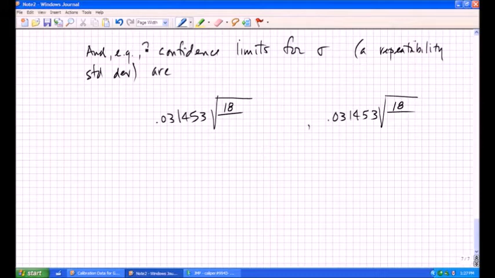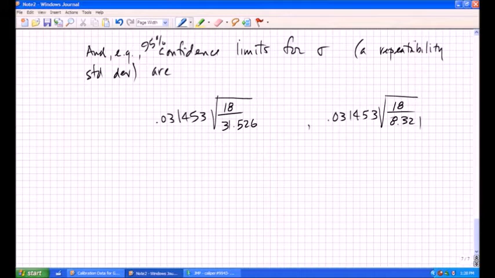So let's make these 95% limits, and 18 degrees of freedom, the upper 2.5% point is 31.526, and the lower 2.5% point is 8.321, and you can do the arithmetic there at home.